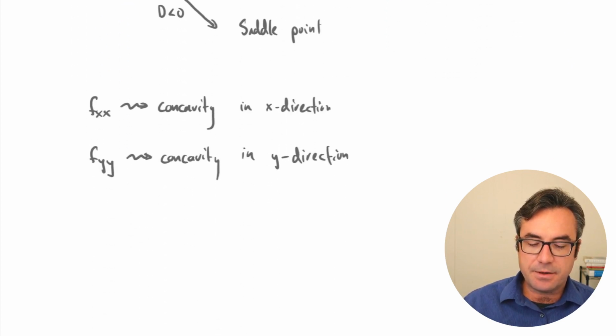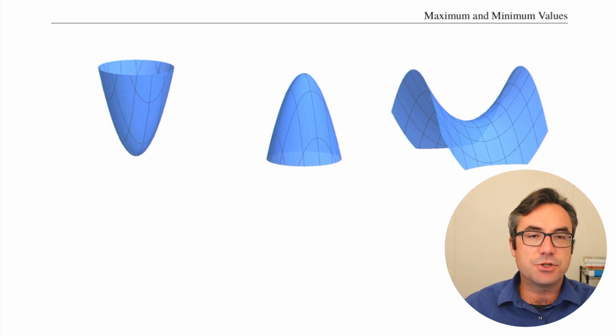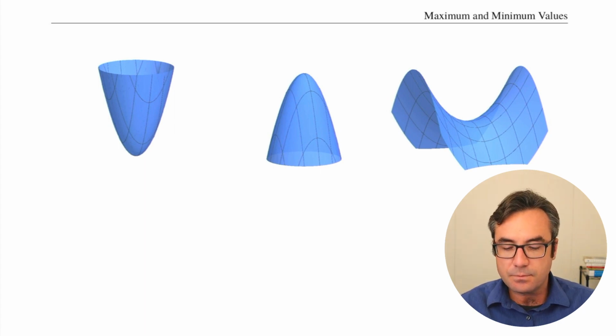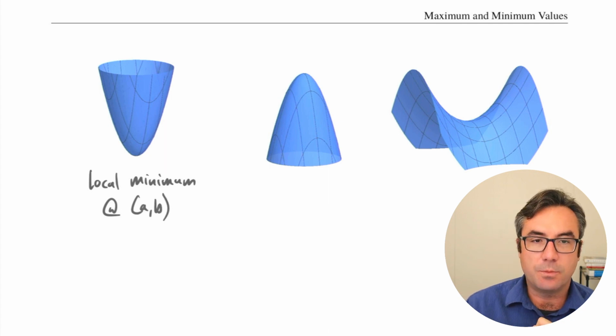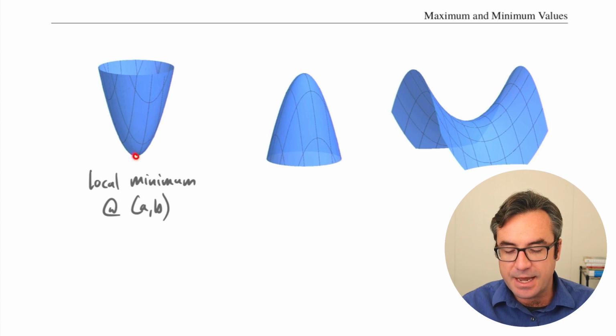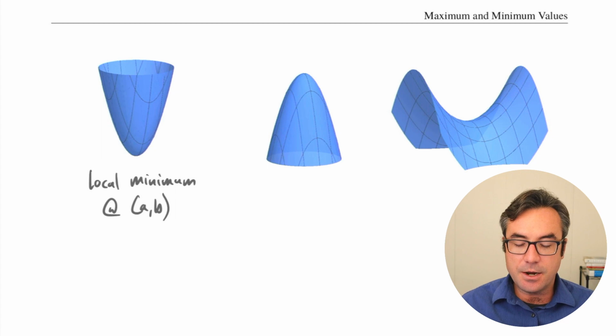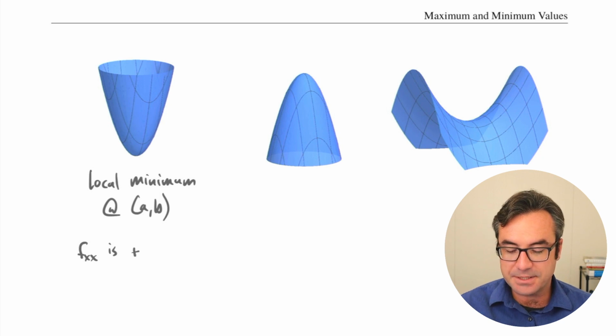And so graphically, what these different possibilities look like, we might have a situation like this, where we have a local minimum at our critical point. And there's a few ways to think of this. You can think of this as at this low point, it's higher in all directions. Another way to think of it, though, is that f double x is positive.